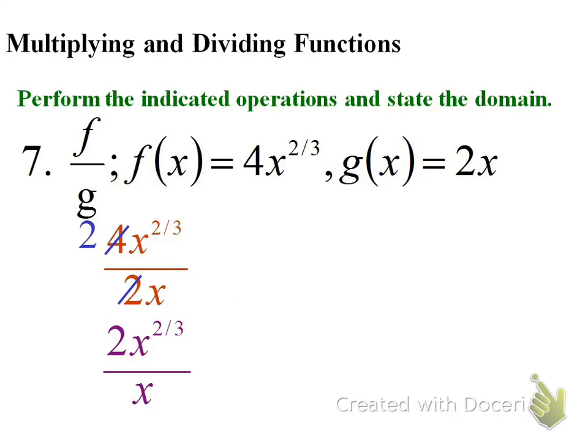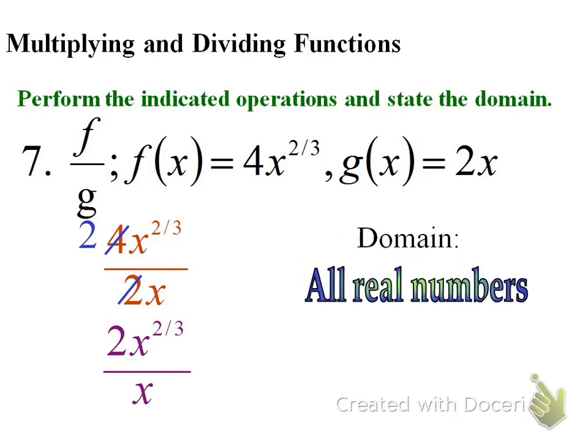Now, some of you might want to simplify the x's. Honestly, if I was doing this, I would probably simplify the x's. But the book likes to leave it this way because that shows our restriction very easily. It shows right away that this cannot be 0. So I would leave it like this just so our restriction is very clear. And we already talked about for our domain here, it's going to be all real numbers except x equals 0.